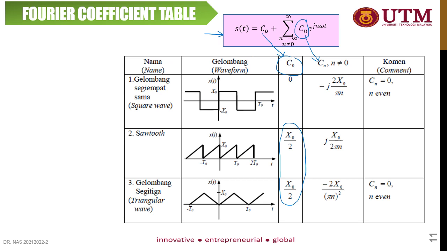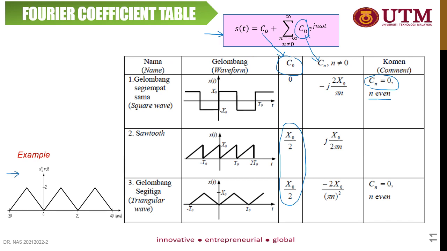For example, for the first one, the square wave, Cn will be 0 when n is even. So this Cn will be 0 if n is even, so you just need to consider the odd numbers. So for example, you are given this signal, so you need to compare to the table the closest shape to the signal given to you.